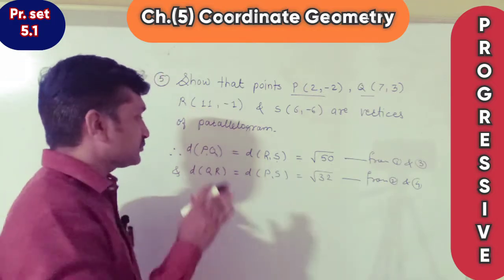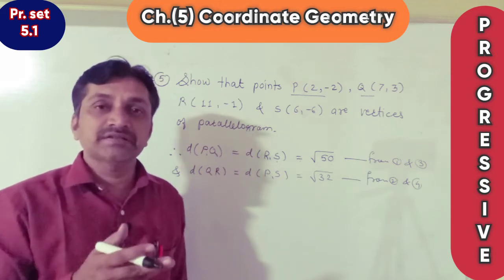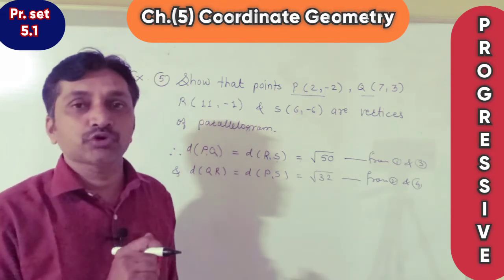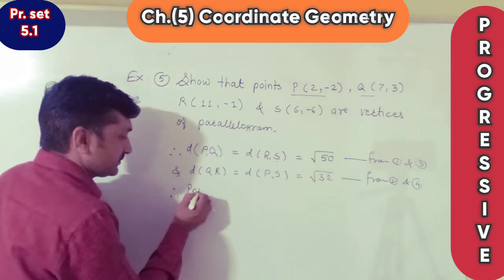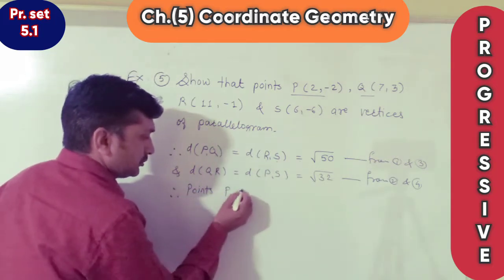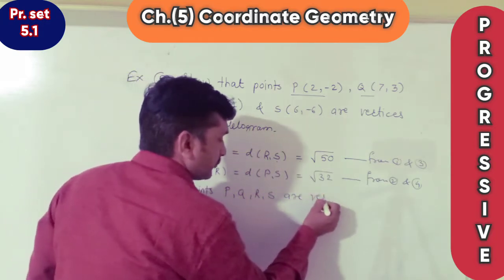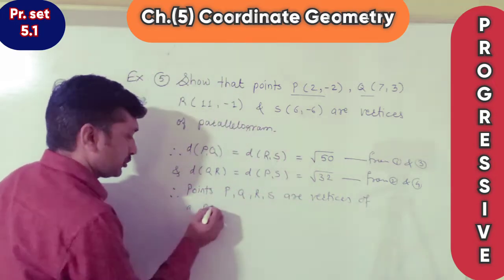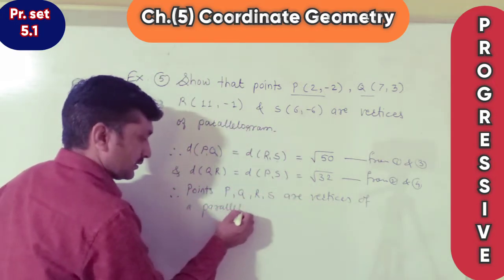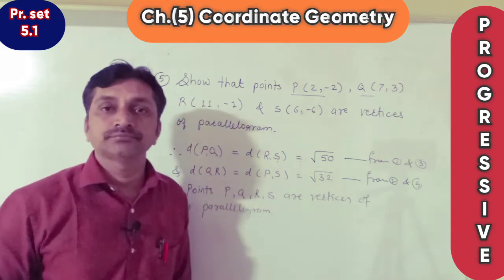And if opposite sides of a quadrilateral are equal, then we can say these are vertices of a parallelogram. Therefore, points P, Q, R, S are vertices of a parallelogram. In this way, we proved it.